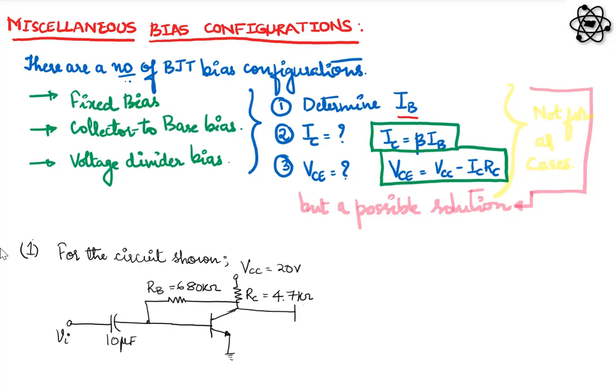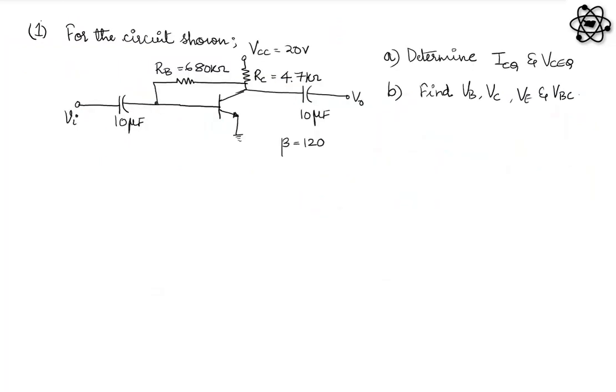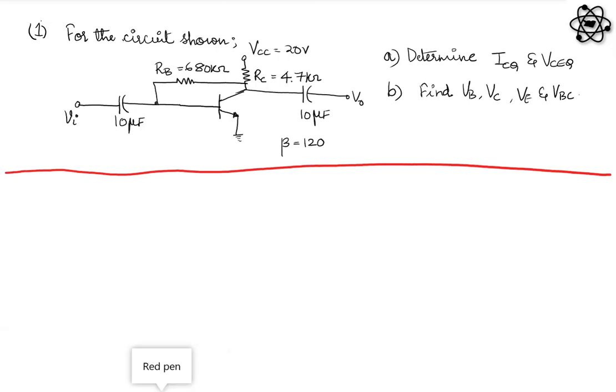So here I am considering the first numerical wherein I have the circuit shown, and I need to determine ICQ and VCQ and also find the different voltages VB, VC, VE and VBC.